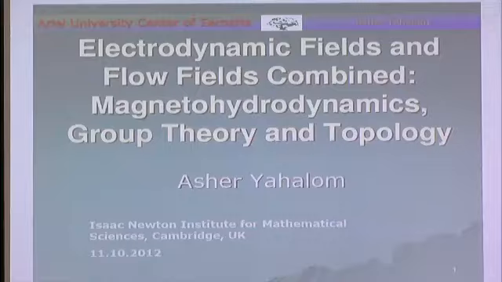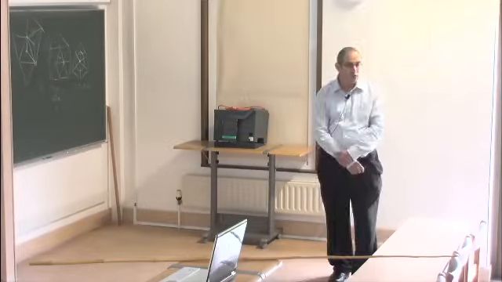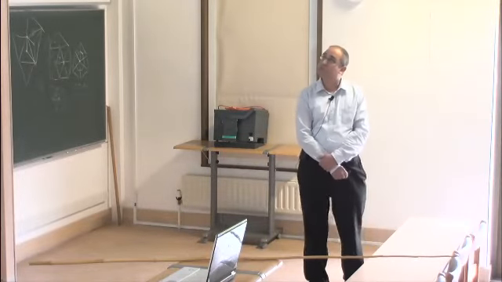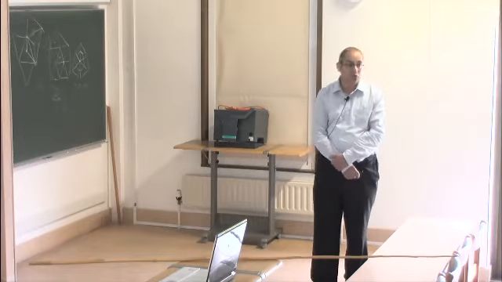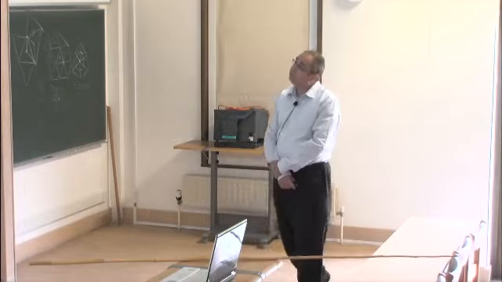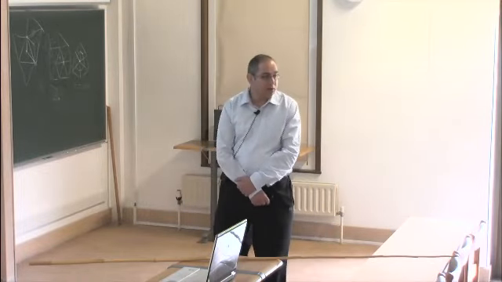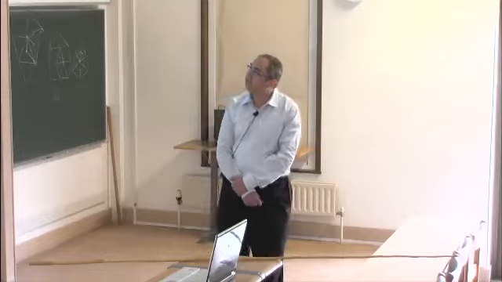The talk is about magnetohydrodynamics, which next week you will probably hear a lot about. Magnetohydrodynamics is really what happens when you take two types of classical fields, flow fields and electromagnetic fields, and you combine them together to interact in a single theory.